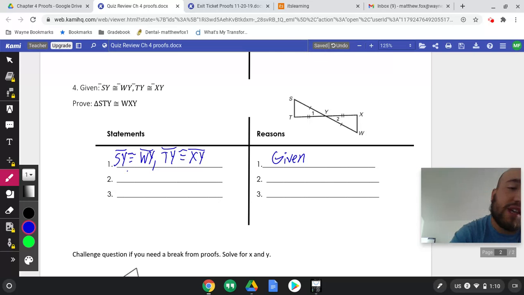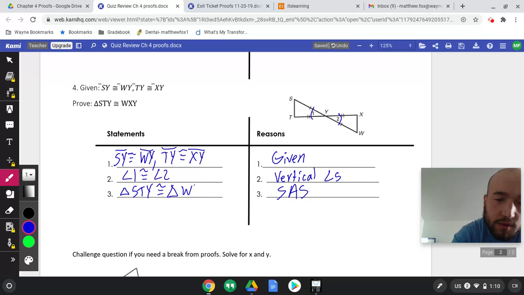Hopefully you know that those would be congruent. And the reason they are going to be congruent is because they are vertical angles. Vertical angles are always congruent. And from here, we have SAS. So that'll go over here as our reason, side angle side. And we can put triangle STY is congruent to triangle WXY.